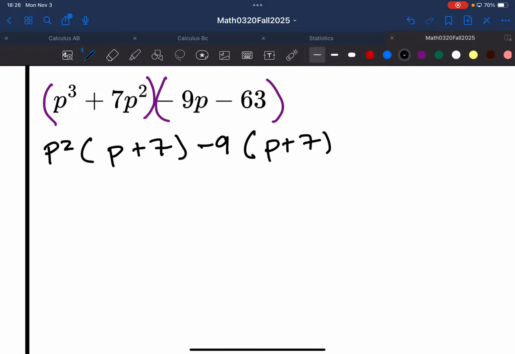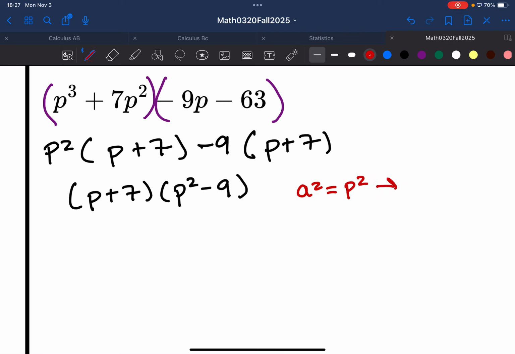What's my next step? Good, so I have P plus 7, and then what's in my other parenthesis? P squared minus 9. And then can I simplify this further? Not the first one, but the second one. And I know that the second one, A squared is equal to P squared, which means A is equal to P. Good.